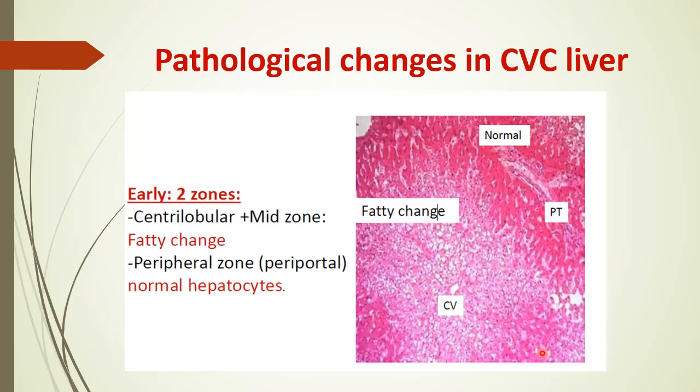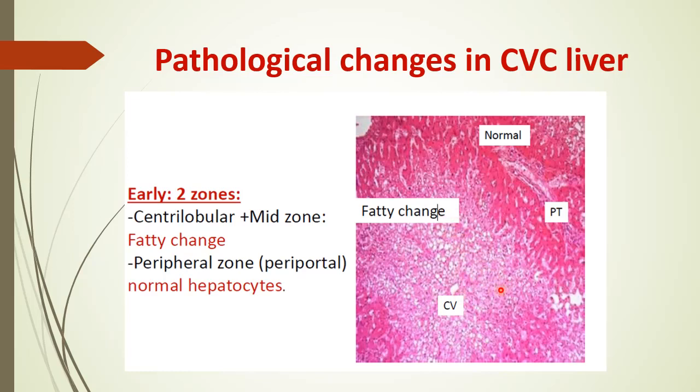Here is the picture you will see under the microscope for the liver in case of chronic venous congestion. In the early condition, the central vein and the sinusoids in the central zones of the hepatic lobule are dilated and engorged with blood. And the hepatocytes between the dilated sinusoids show fatty change. This is the mid-zone.